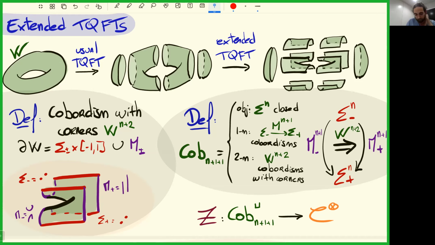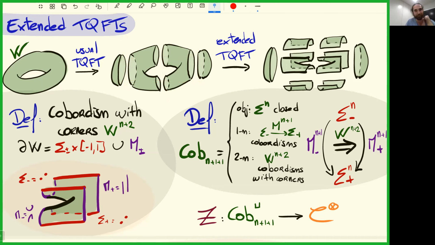These will be the elementary blocks for my 2D theory. In an extended theory, I can chop this even further, and I can also cut in another direction. Here I can only cut in this direction, and in an extended theory, I can cut in more directions. This will allow me to decompose this torus into even smaller pieces.